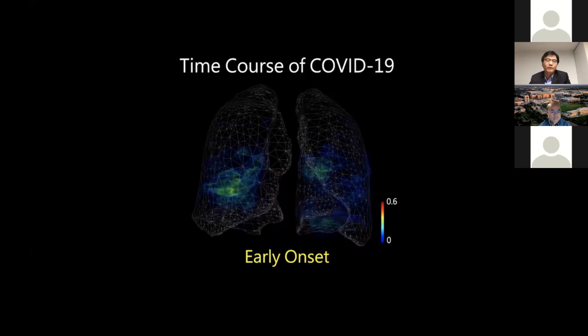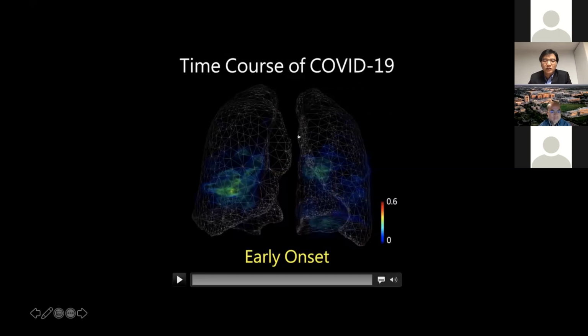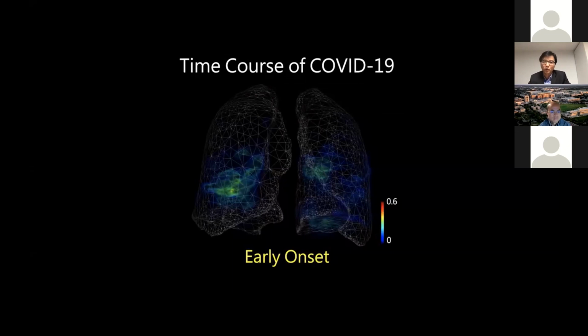We align all the longitudinal images of each subject in a common template space, based on the segmented left lung and right lung. Then we map the segmented infections to the template space. In this way, from hundreds of subjects, you can see how the infection looks initially, at early onset, and then how it looks during progress, absorption, enlargement, absorption.